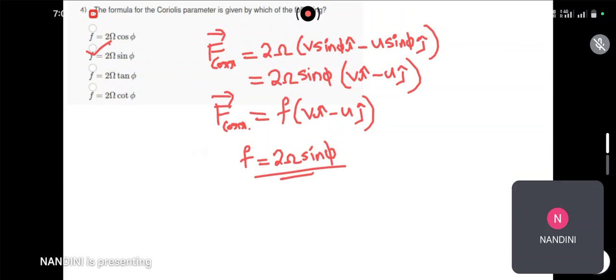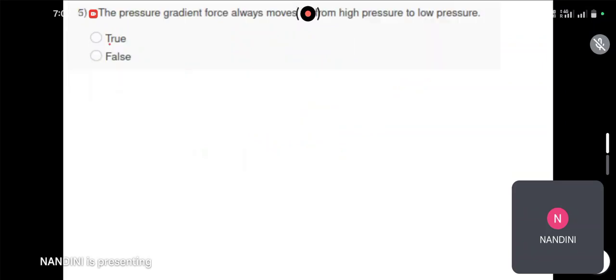Then, the pressure gradient force always moves air from high pressure to low pressure. So the pressure gradient force basically leads to the movement of air from high pressure to low pressure region. I will give you the equation for the pressure gradient force.